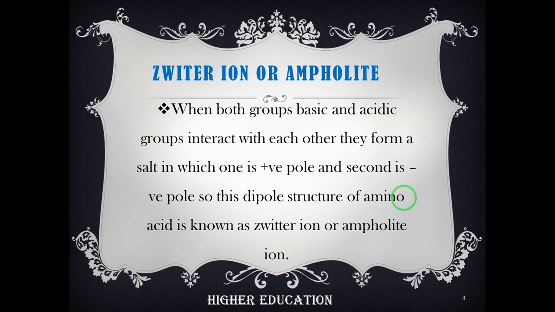They create two poles, a positive pole and a negative pole, and that is known as a dipole structure. That dipole structure of an amino acid is known as a zwitterion or ampholyte ion.